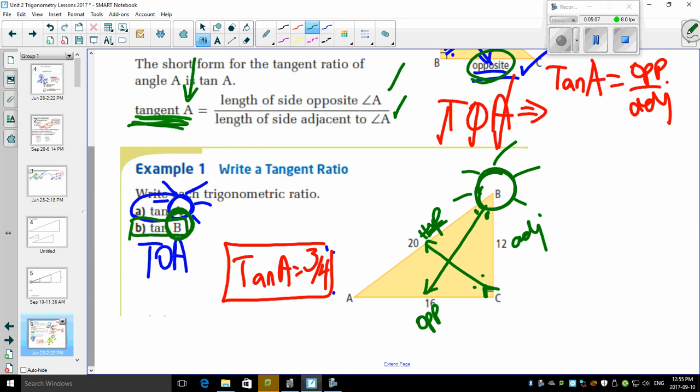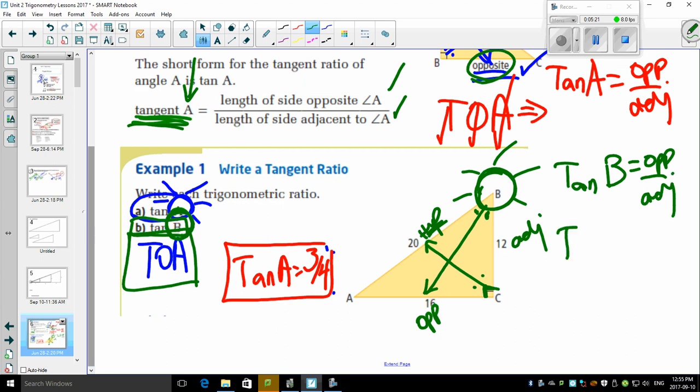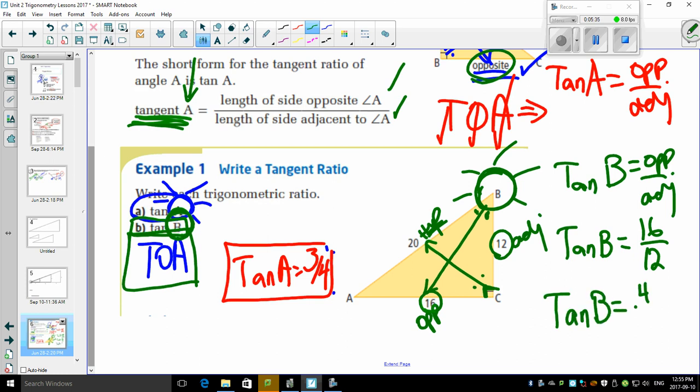So let's figure out tan B. Don't forget, tan is still TOA, which is opposite over adjacent. So tan of B: opposite is now 16, adjacent is now 12. And when you reduce this, it becomes 4 over 3.